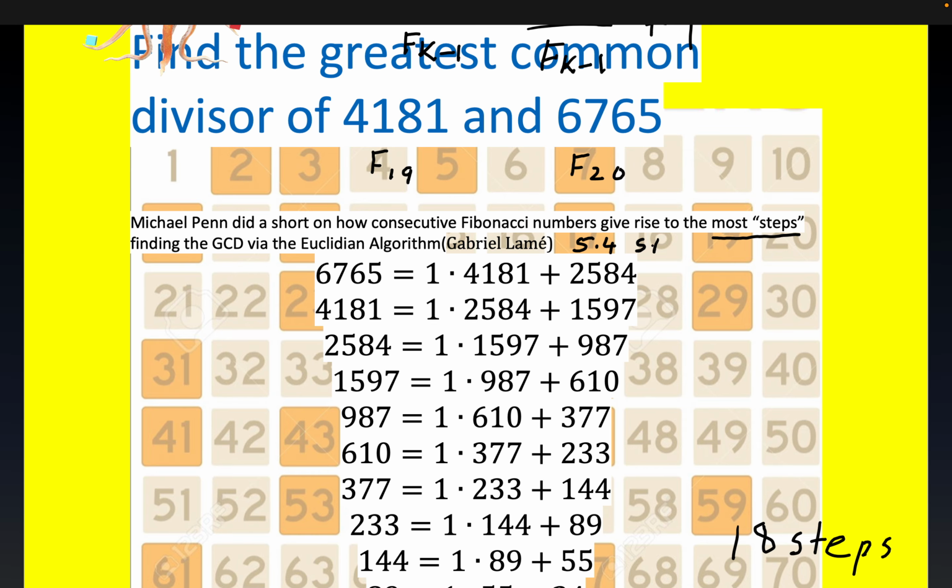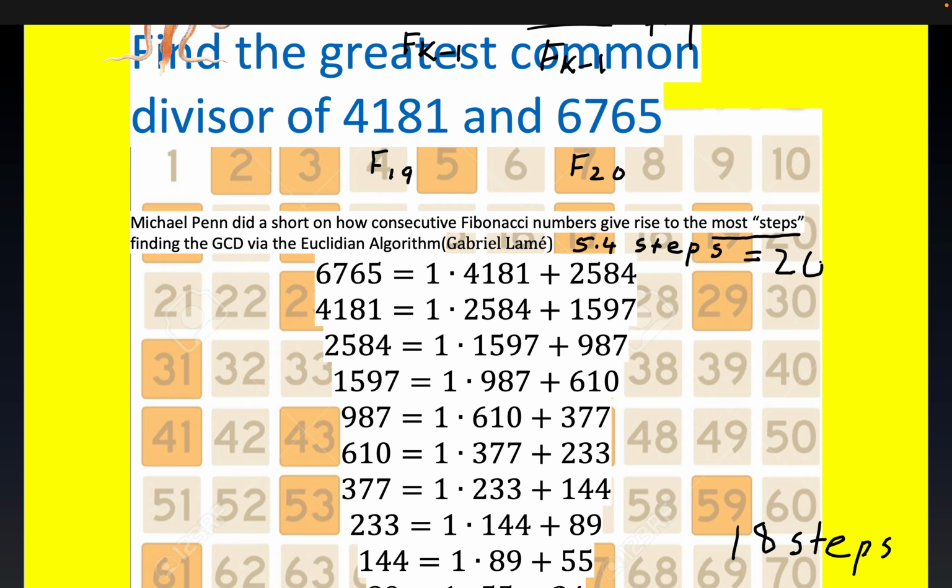And this is a result, I guess, that's been proven by Gabriel Lame. I'm not sure if he just waved his hands and called it a conjecture based on a lot of empirical evidence, or whether or not he proved it rigorously. But there's no more than 5 times 4 steps. So in this case, that would equal 20 steps.